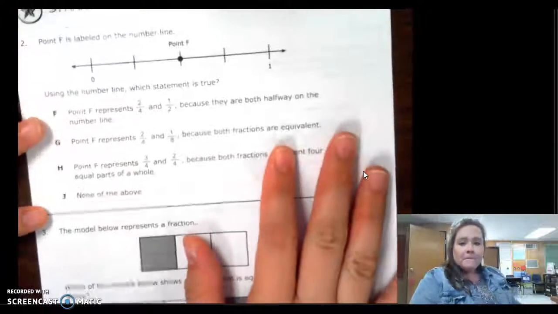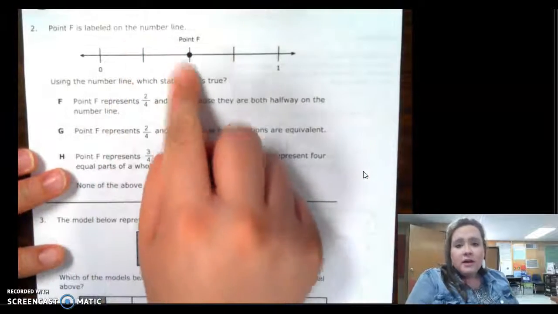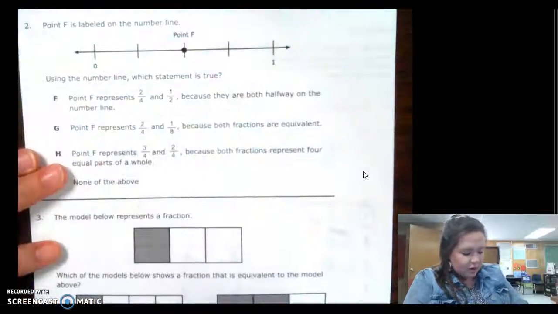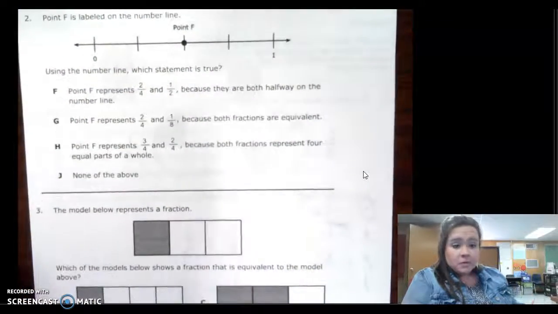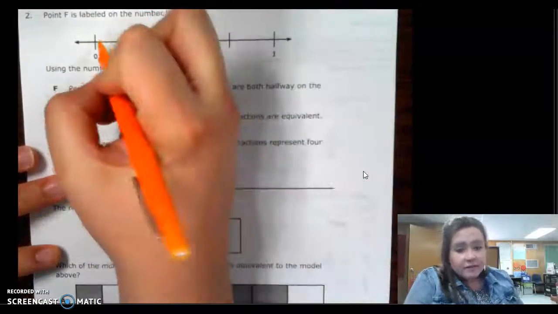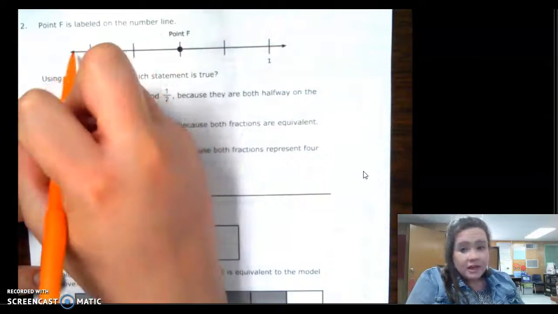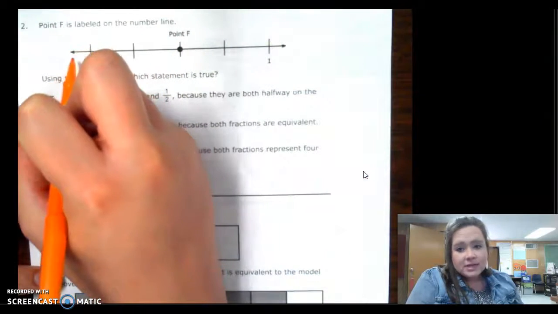All right. Point F is labeled on the number line. Using the number line, which statement is true? Well, let's figure out where point F is on my number line. I'm going to figure out the total number of parts or sections, and this right here is not going to count as a section.